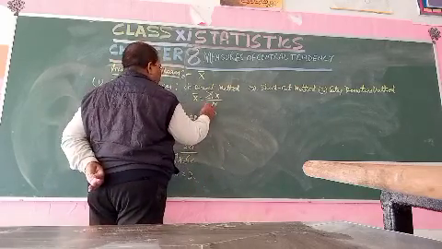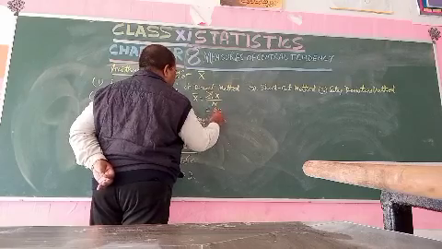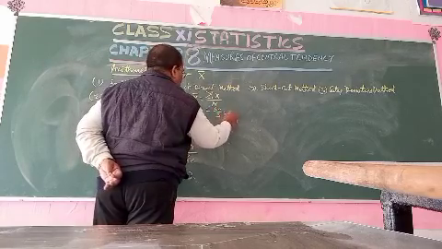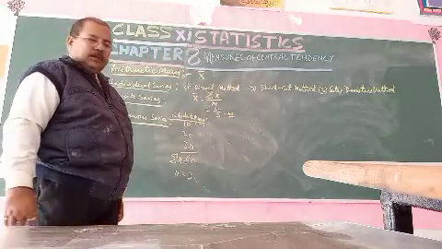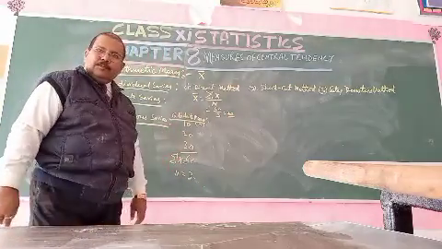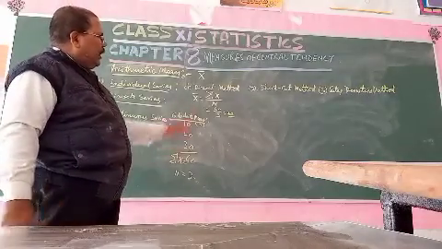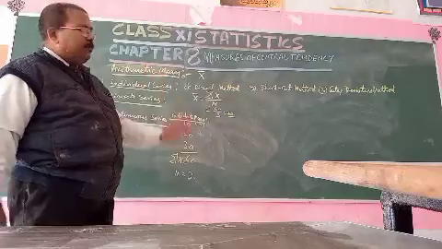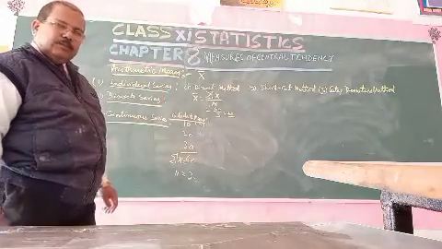Put it in the formula. 60 divided by 3 is equal to 20, the arithmetic mean. The same numerical can be solved with the help of shortcut method and step deviation method, but the result will be the same.